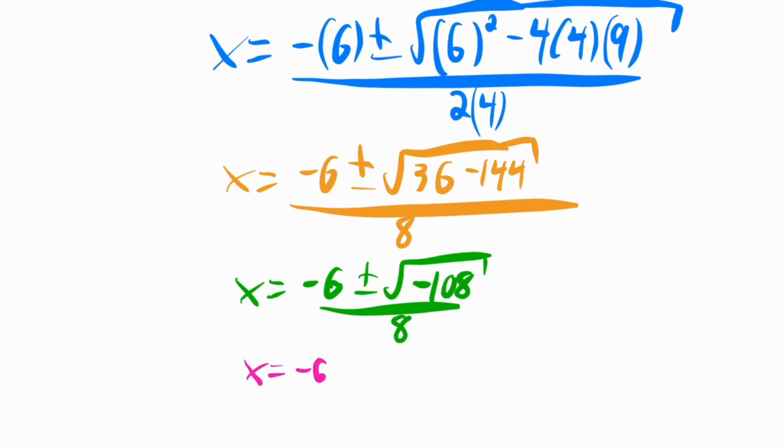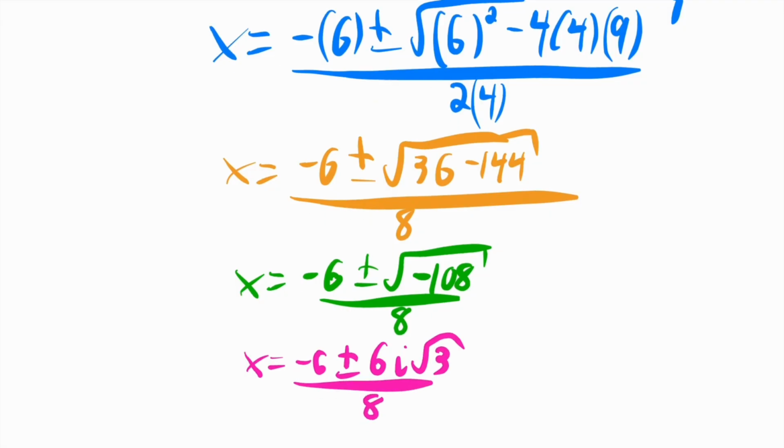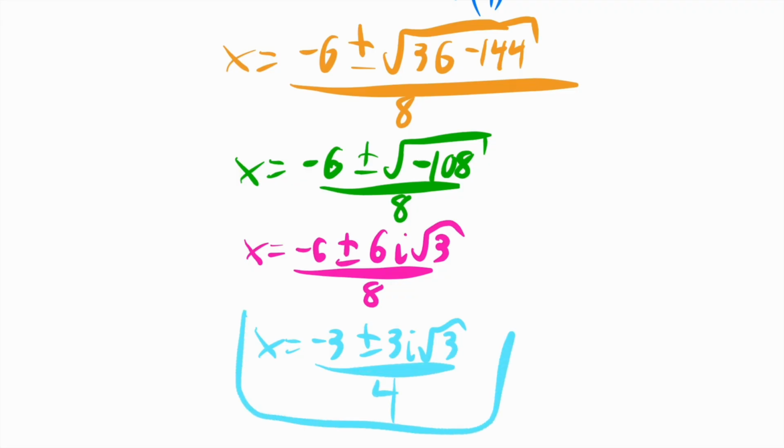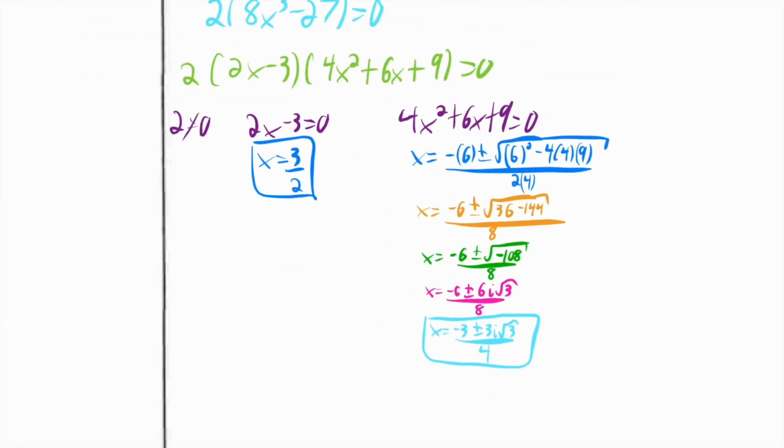So this is negative 6 plus or minus 6i square root 3 all over 8. And we can reduce all 3 parts by 2. And get x equals negative 3 plus or minus 3i square root 3, again with a lot of 3's, all over 4. So we ended up with 3 answers, 2 that you see right now, as well as our other one of 3 halves that we found earlier.